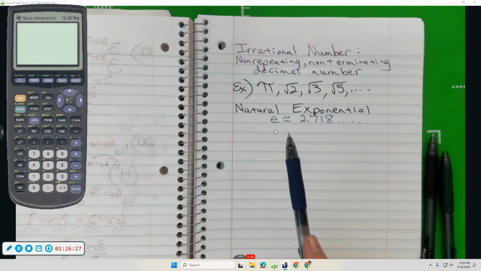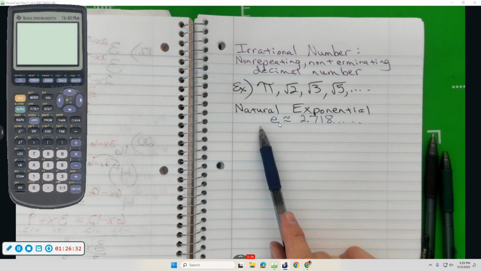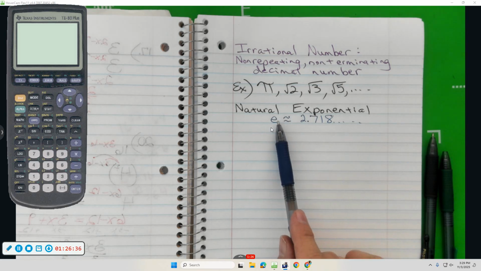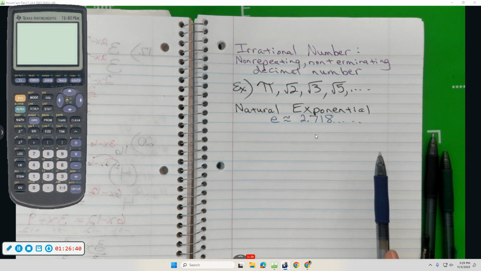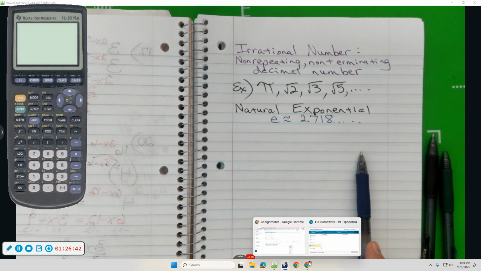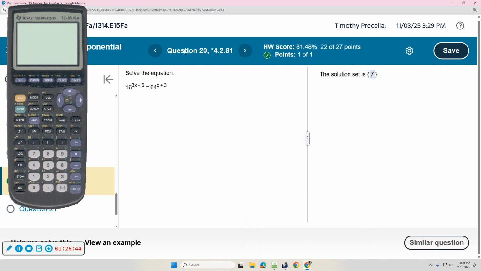That is a number. And since it's irrational, you can't write e as a power of anything other than e. So if your equation has a base of e on one side, you better have a base of e on the other side.